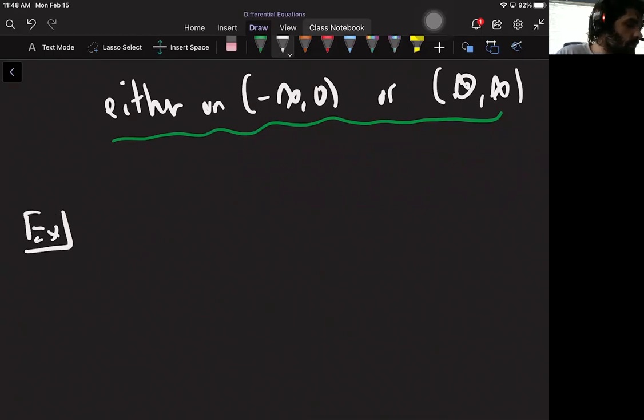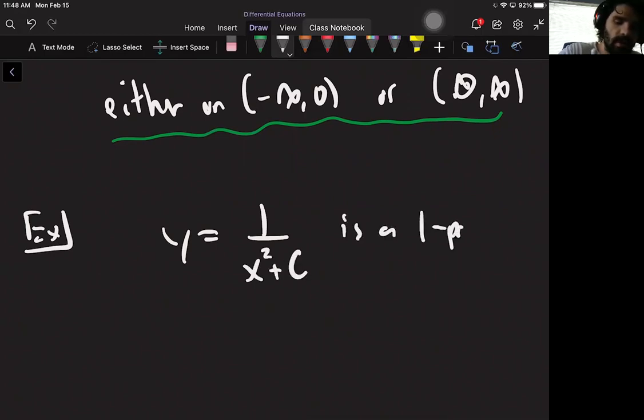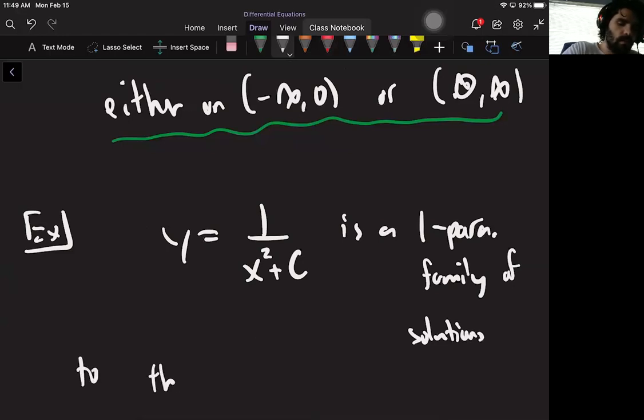So here's one more example. And we can combine what we just did with parameters and initial value problems. So for example, this thing is a 1-parameter family of solutions to the differential equation y prime plus 2xy equals 0.